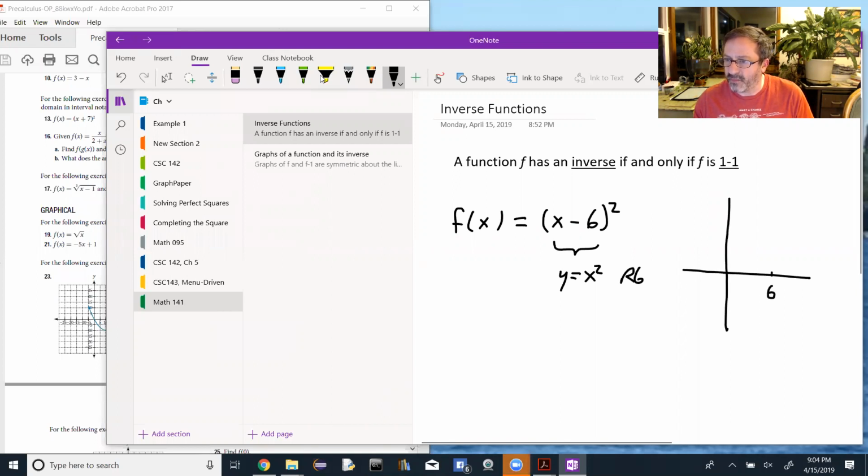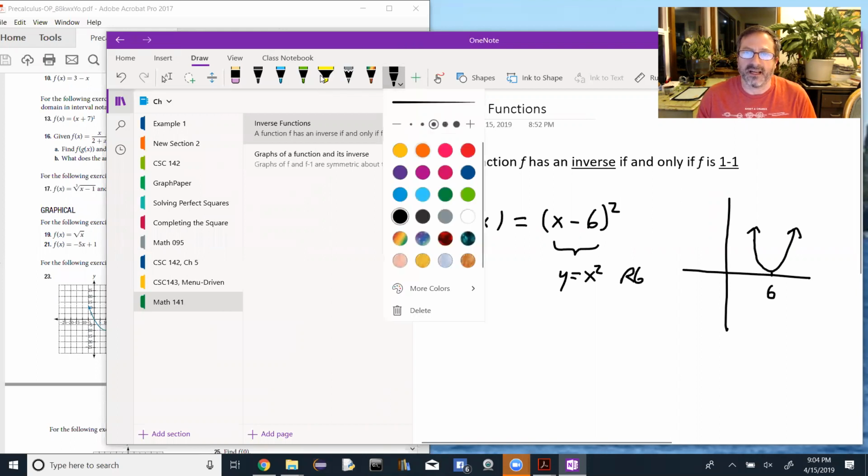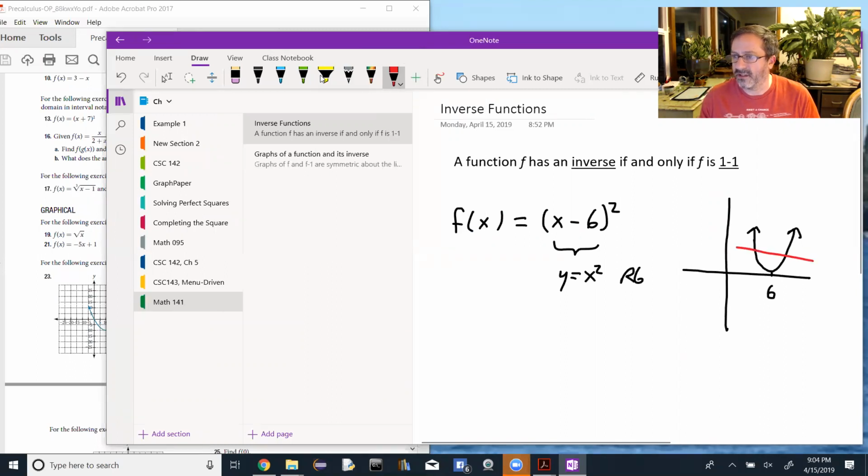This is an upward opening parabola with the vertex over here at (6, 0). So there it is. And this is not one-to-one. It fails the horizontal line test. Just draw right across there, because that horizontal line crosses the graph more than once. So this function would not have an inverse.